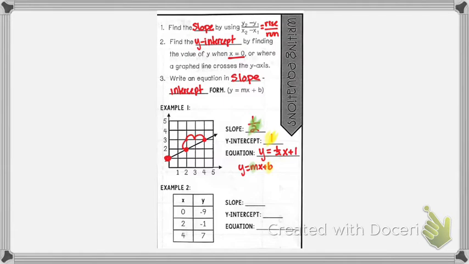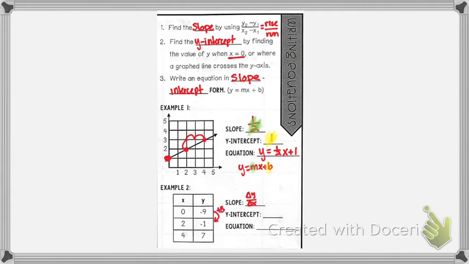Right, let's look at writing an equation given a table. So here the table has x values 0, 2, 4, and y values -9, -1, and 7. Okay, to find a slope, we're going to find the change of y over the change of x. So the change of y between -9 and -1, we are adding 8, right?